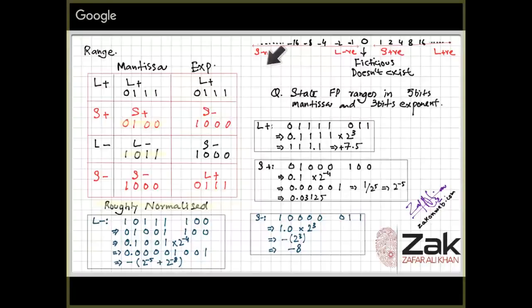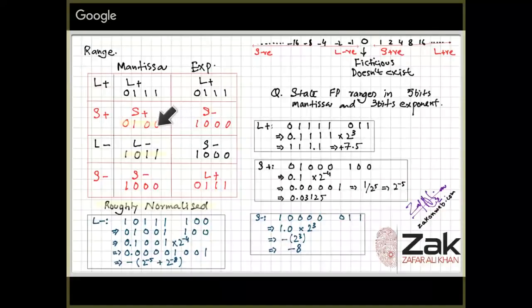And similarly, smallest negative number is the number with the highest possible magnitude. But this is solved on the left. Smallest positive number we know, and then largest positive number we know. Alright. So how do we achieve it? Here I have explained it using 4 bits in Mantissa and 4 bits in exponent.